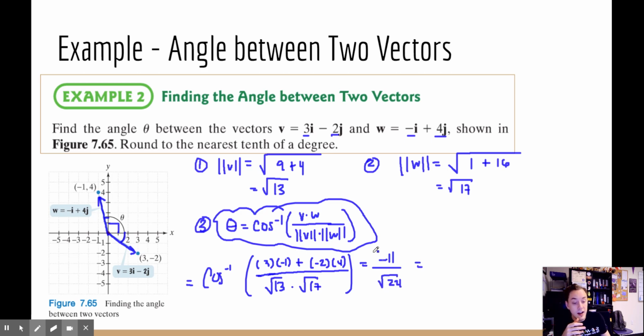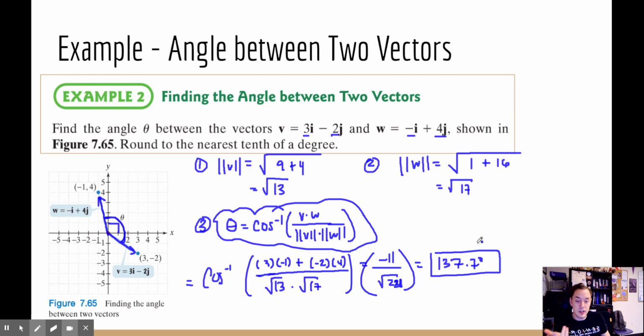When I take the inverse cosine of that, this equals 137.7 degrees. So this whole angle measure right here is 137.7 degrees.